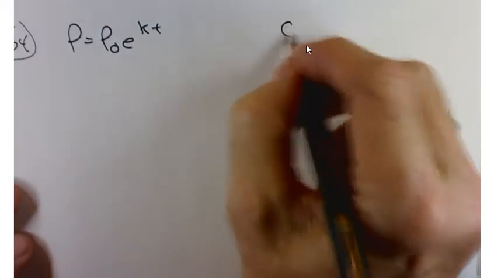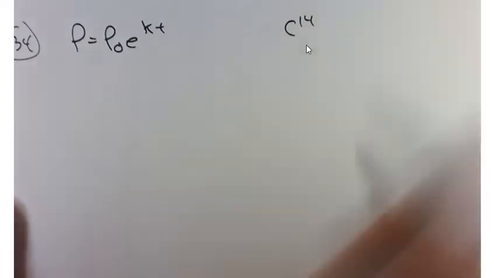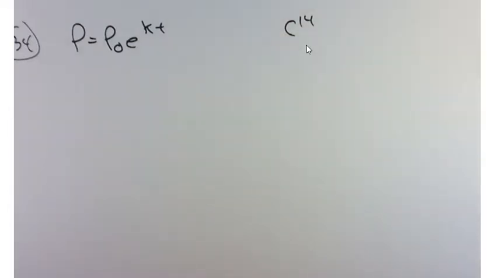So let's see what's going on with respect to carbon-14. Carbon-14 is an isotope of carbon. It has 2 extra neutrons in the nucleus, and it's used to help do radiometric dating. It helps you figure out how old things are, assuming that they're less than 40,000 or so years old.